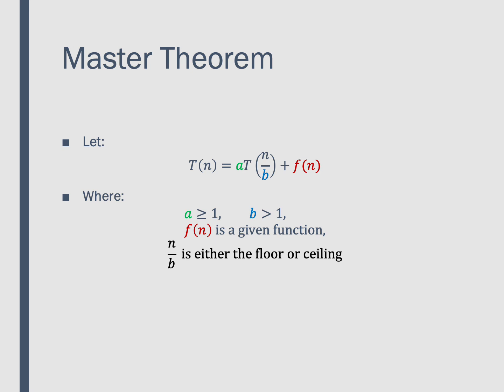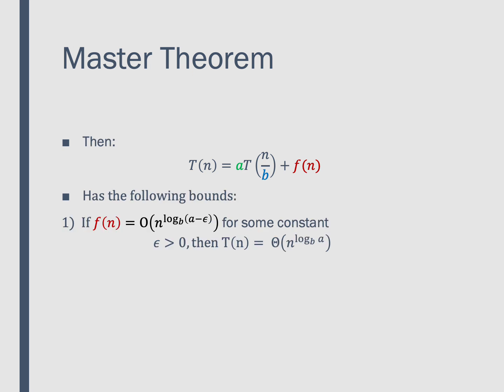We already saw it on the previous slide, where n/b is either the floor or ceiling, and a, b and f(n) are given. Then this function has the following bounds: if f(n) = O(n^(log_b a - e)) for some constant e greater than 0, then T(n) = Θ(n^(log_b a)).